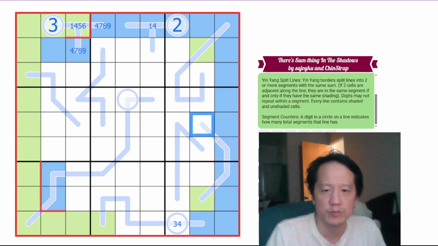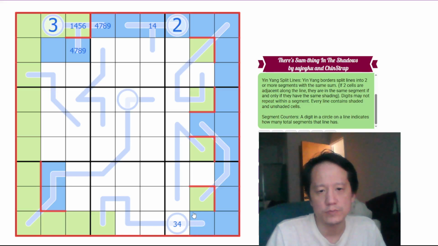So this must be blue, which means this is green and this is green because of the 2x2 area. So now we have borders here, here, here, and here. And a border here.